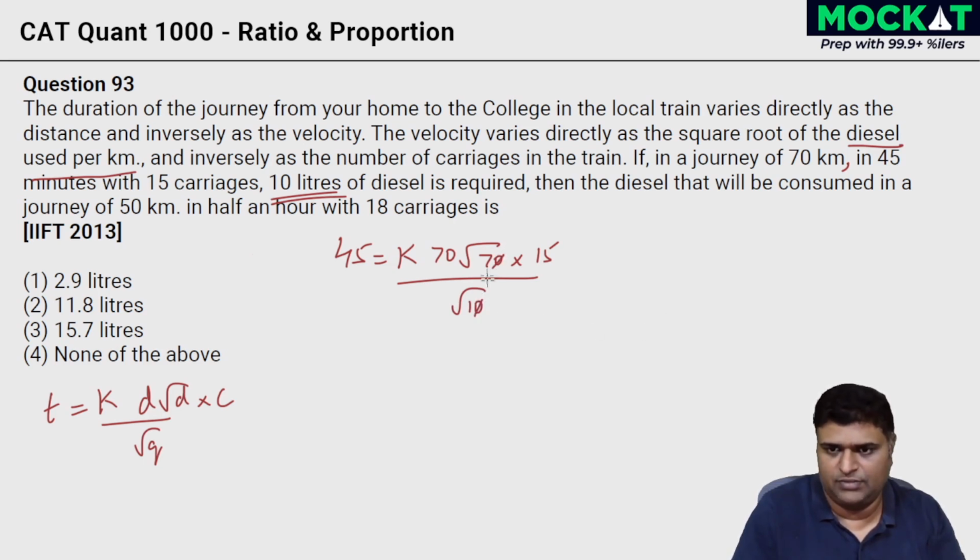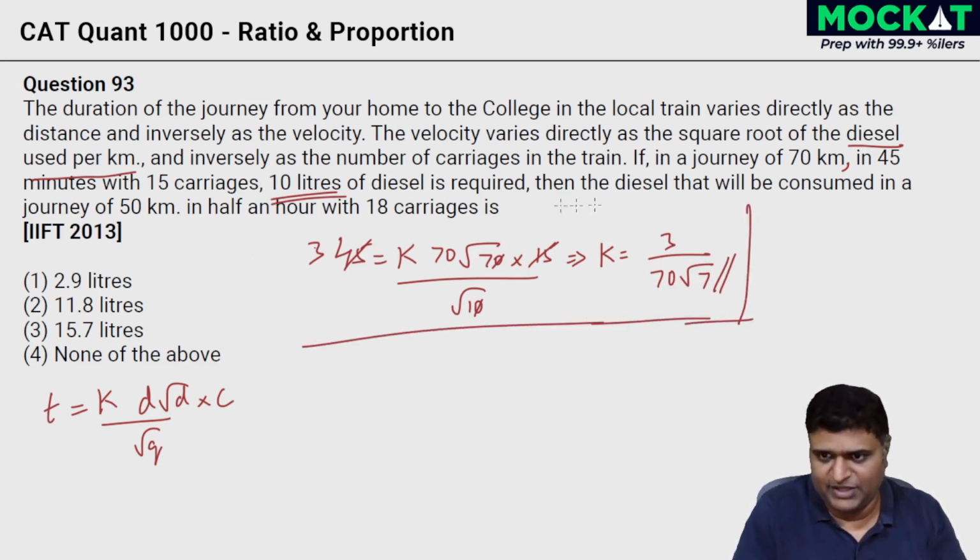So the 0 gets cancelled over here, root 10 becomes root 7. 45 and 15 we can simplify, we can write it as 3, and K is going to become 3 divided by 70 root 7.